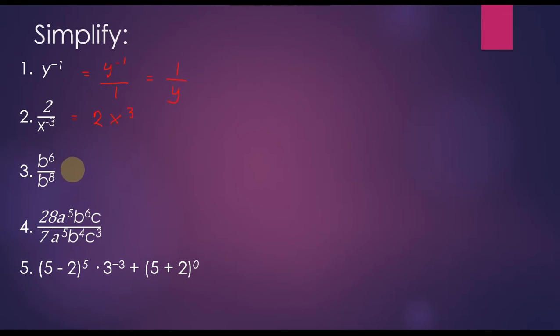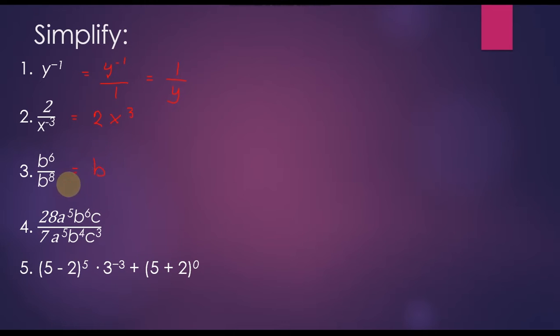Number 3. So in this case, let us solve. If you can recall the laws of exponents, if you are getting the quotient of a variable with the same base, you just subtract its exponents.